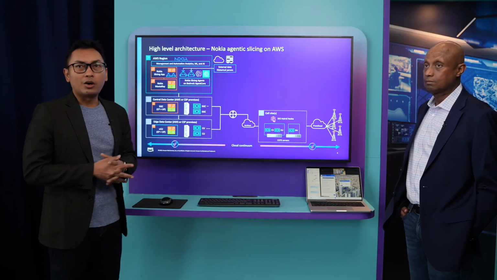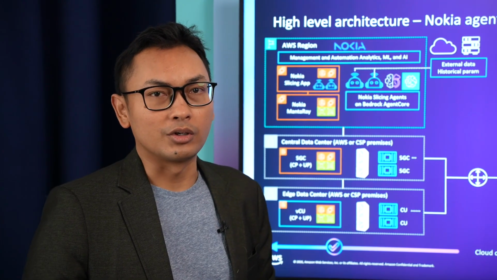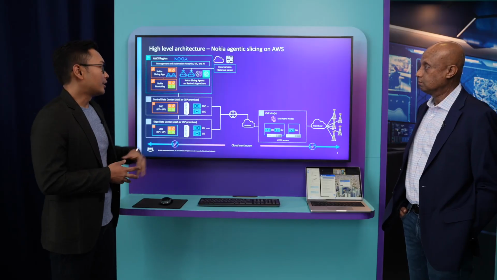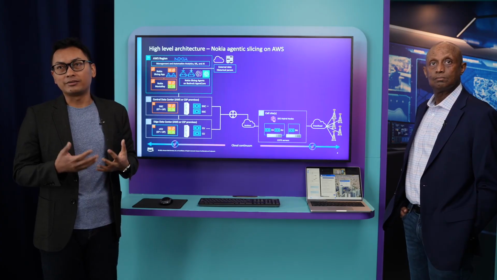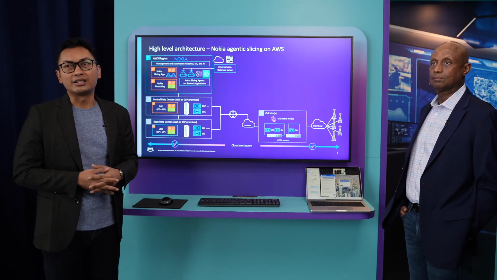With Bedrock, you can select different models such as Claude Sonnet 4.5 or Opus 4.6. And Nokia can also run the agents on AgentCore in a serverless way, so they don't have to worry about the infrastructure underlying the agent.